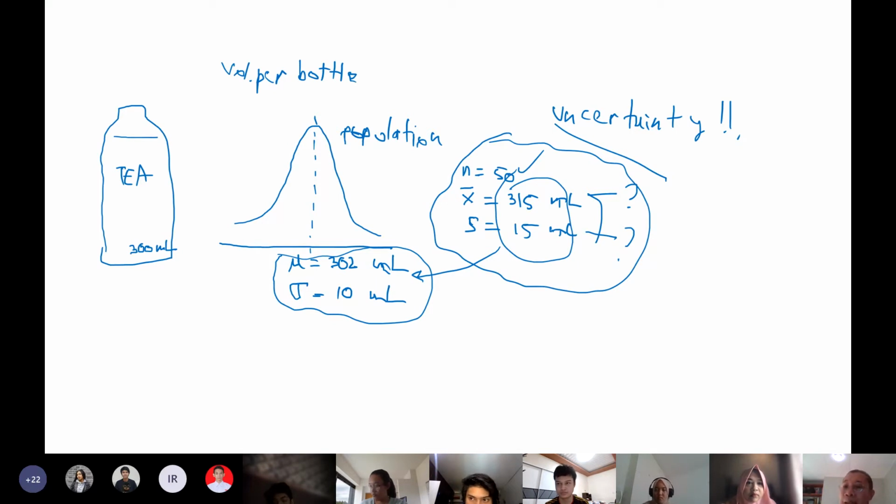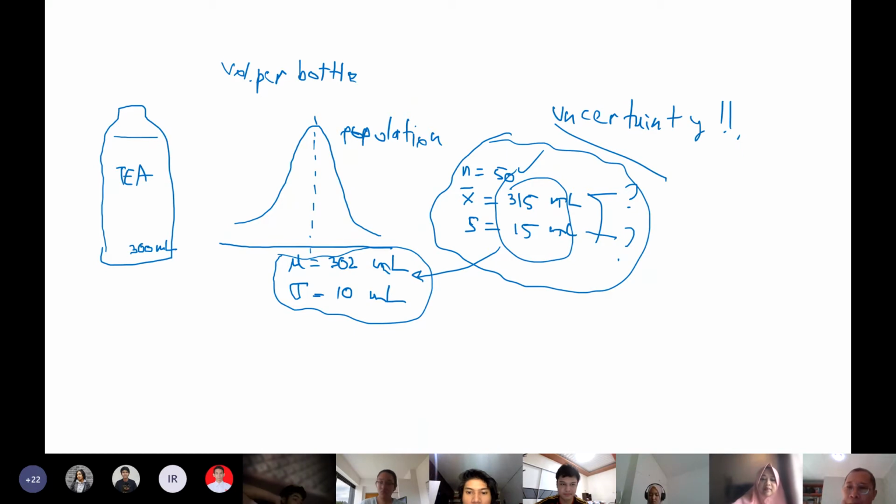So we don't know. Suppose tomorrow you do the same measurement, you take another 50 bottles and measure their volume, are you sure you will get 315 tomorrow? You can't, right. Okay. So with that in mind, I hope you have a better idea of what we're actually doing. Why we need all of this method is really because of the uncertainty.